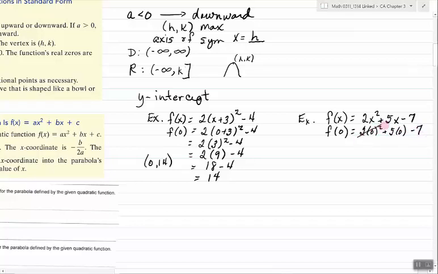This term goes to 0. This term goes to 0. And f of 0 is negative 7. The ordered pair of the y-intercept is 0, negative 7. And so when you're in general form, the constant is the y value of that intercept.